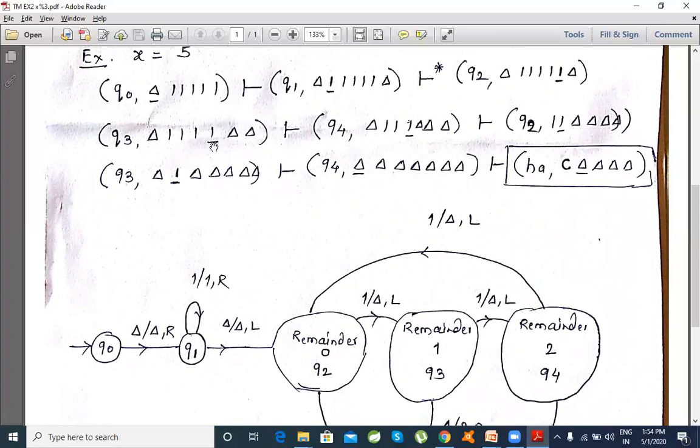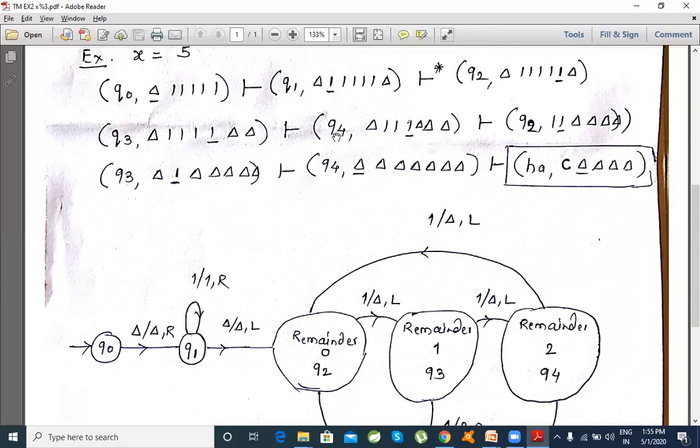This one will be replaced by null and we move towards left by changing the state from Q3 to Q4. How many ones have I processed? Two ones. So if you process two ones, the remainder is always 2. This is how the machine remembers this.